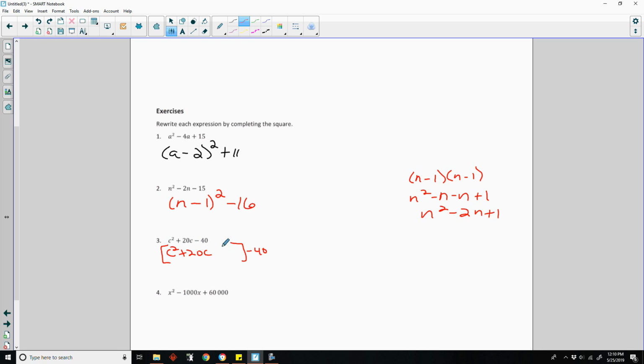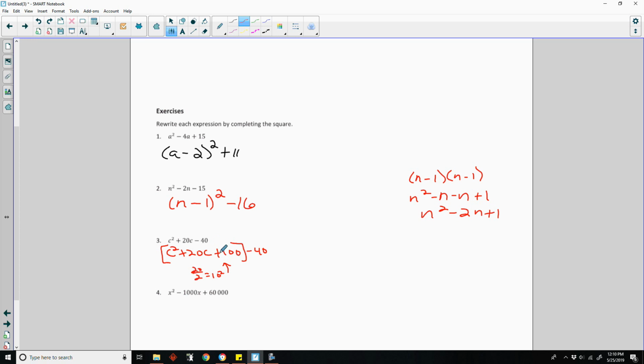And I need a perfect square in here, and half of this term, half of 20 is 10, right? So you take the middle term and divide it by 2, and that equals 10, and then you square it, and that goes there. 10 squared is 100. But I want minus 40, and I have c squared plus 20c plus 100 is my perfect square.